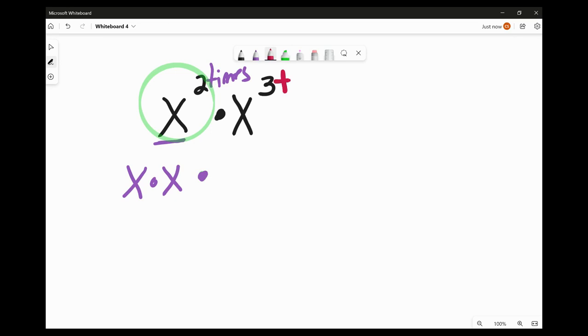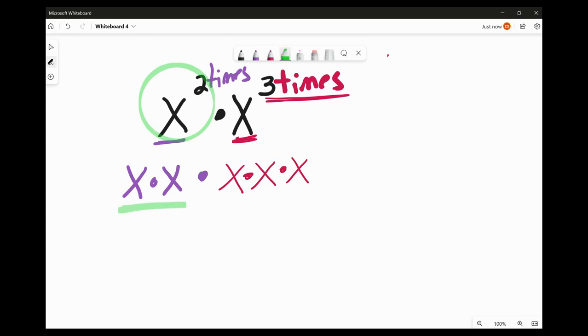This is x to the third power, which means I'm multiplying x, that's my base, 3 times. So if I'm multiplying x squared times x to the third power, when you simplify this, remember that if they're all the same base, it's just that number.